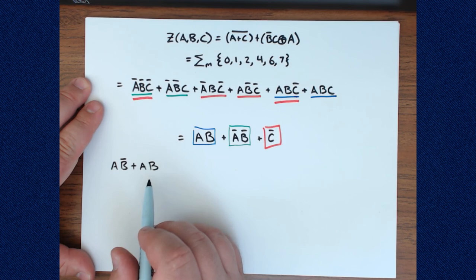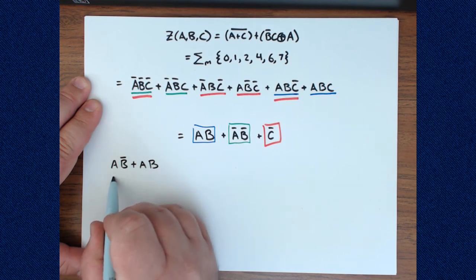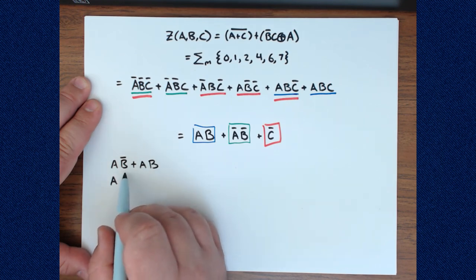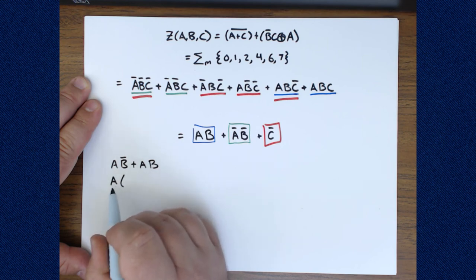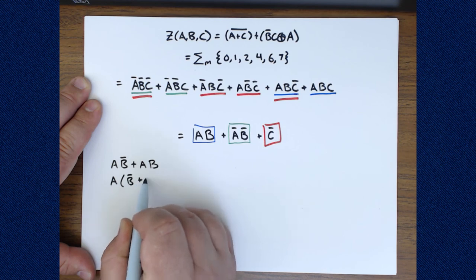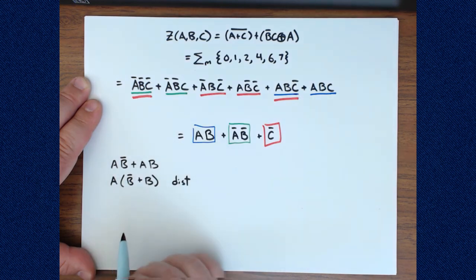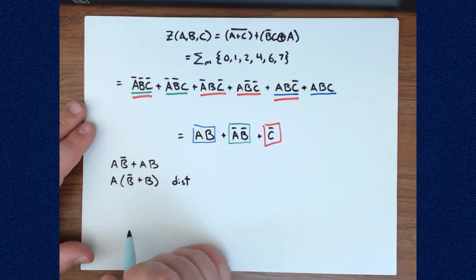If I go back and look at my logical equivalence laws, what I can do is use distribution to pull the A out, or to group things by the A and say, this is the same as A ANDed with the inverse of B, ORed with regular B. And I get that through the distributive property, or distributive law, I'm sorry.